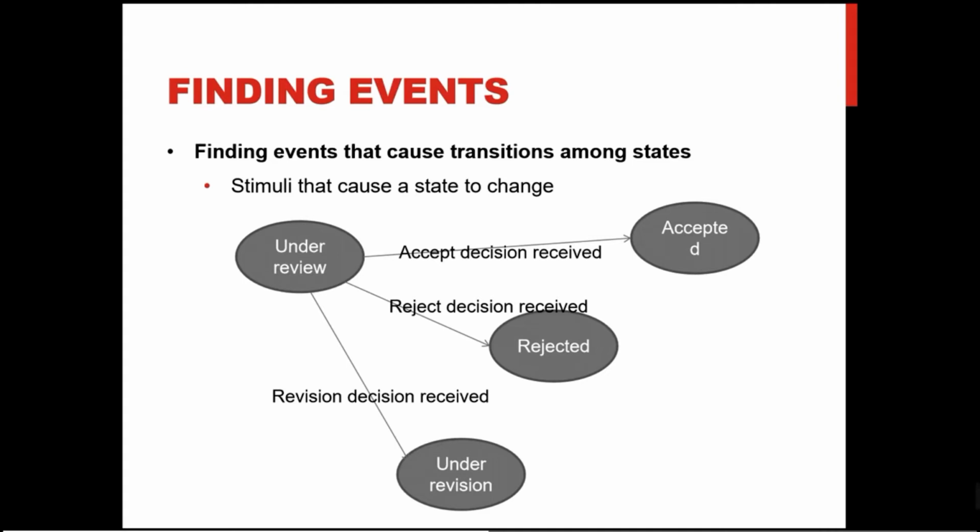So the event is the stimuli that causes a state to change. For example, for a journal paper, the first state is under review, and if we get an event, the accept decision received, then it will go to the state accepted. If a reject decision is received, it will go to the state rejected.